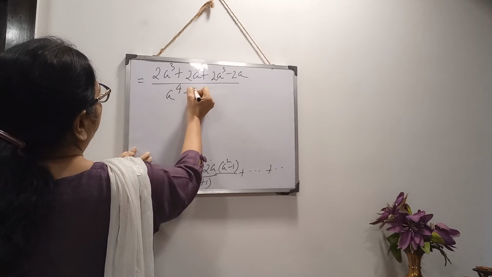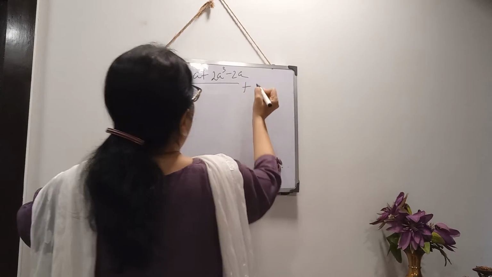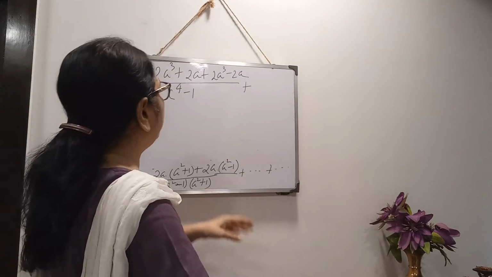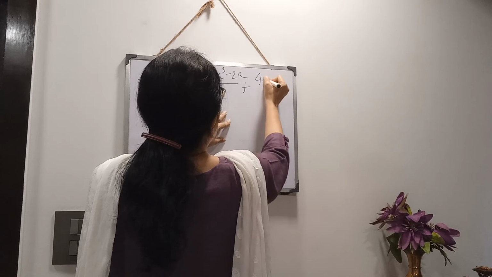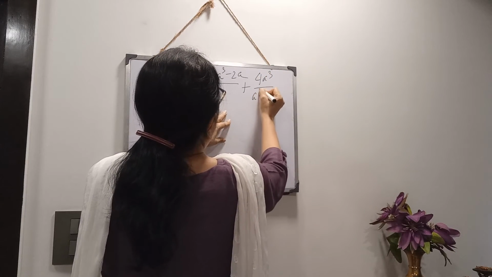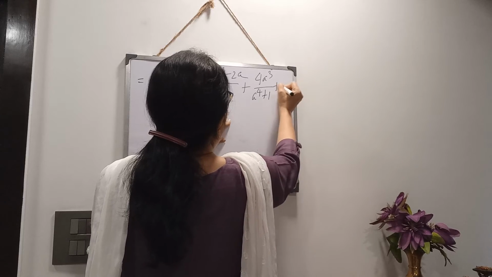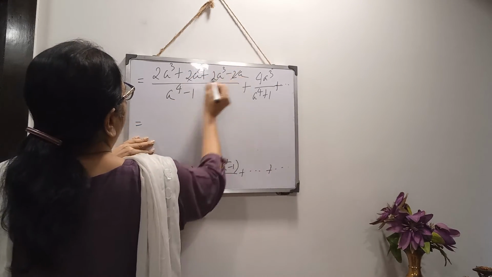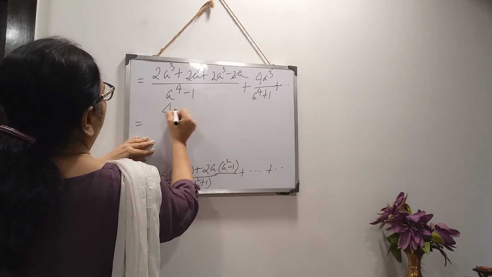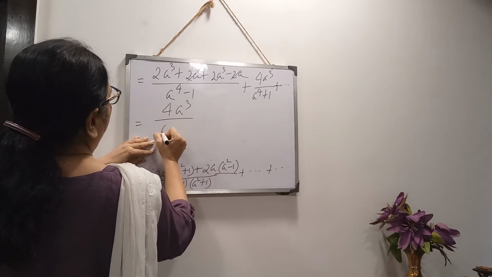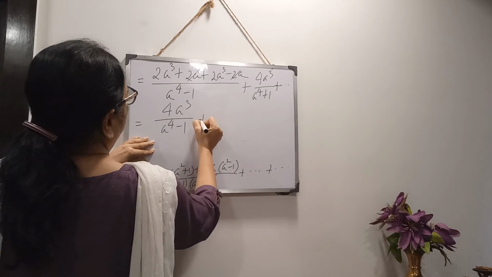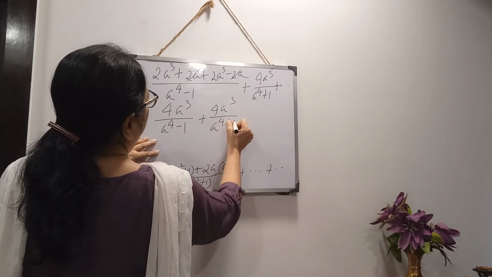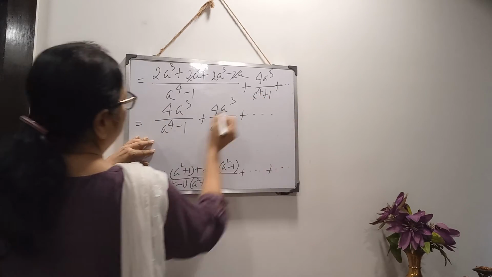It will become a to the power 4 minus 1. Now second term I am writing 4a cube by a to the power 4 plus 1 plus last term is there. Okay. Now these and these cancel out. 2a cube plus 2a cube, 4a cube by a to the power 4 minus 1 plus 4a cube by a to the power 4 plus 1 plus last term.